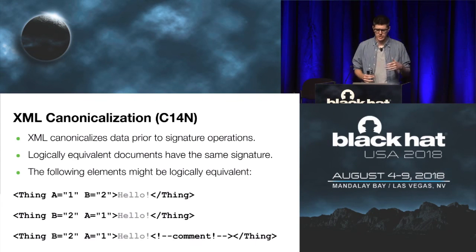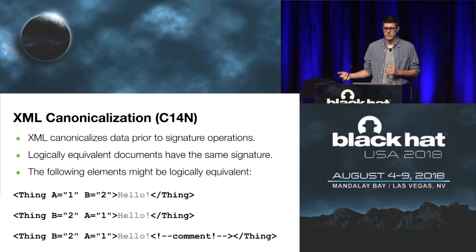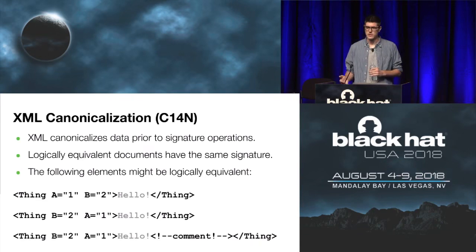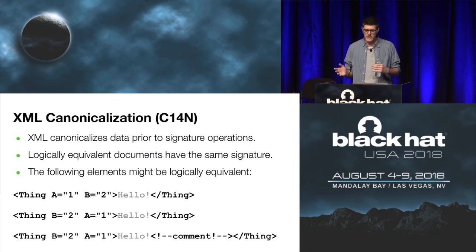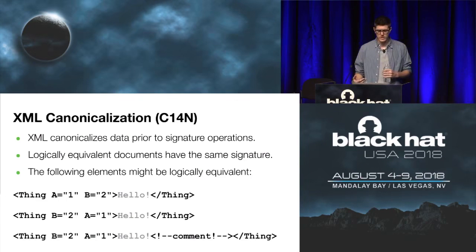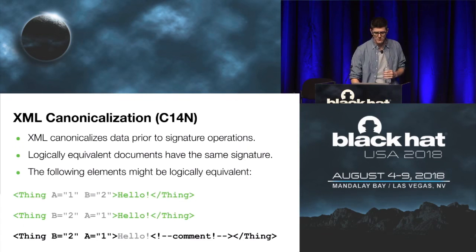Canonicalization, abbreviated C14N, is a standard series of transformations that are applied to documents before signature operations. This prevents minor differences in signed documents from causing signatures to become invalid. The key point here is so long as the documents have the same logical meaning, they should have the same signature.